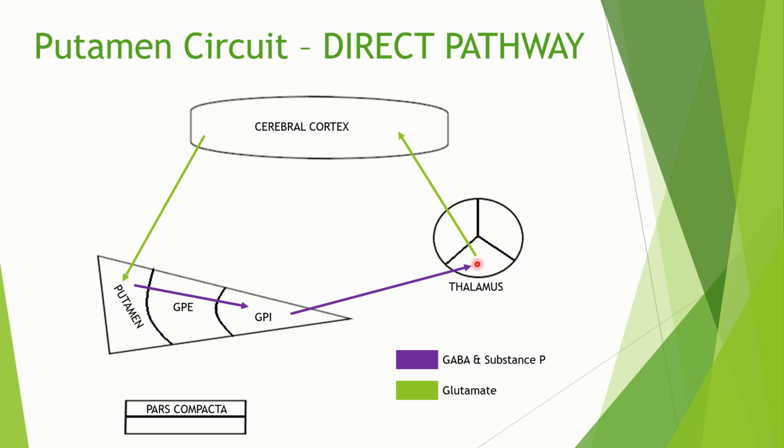And that basically, students, is the direct pathway. Know it at the back of your hand. The three things you need to know: what are the fibers, where they are coming from, where they are heading to, and what is the neurotransmitter released at the various fibers.